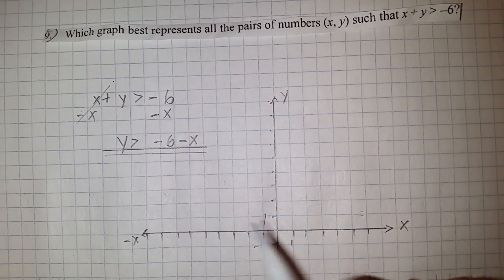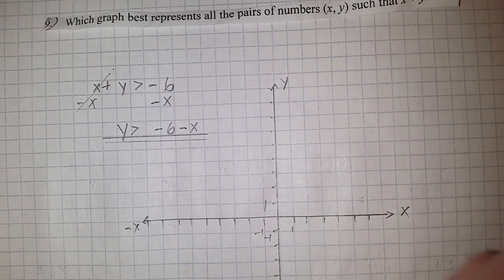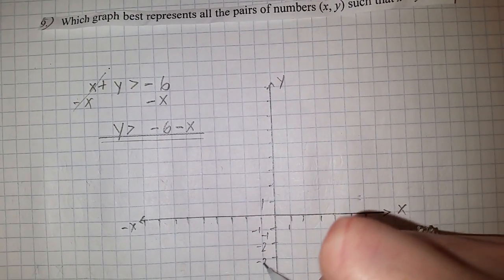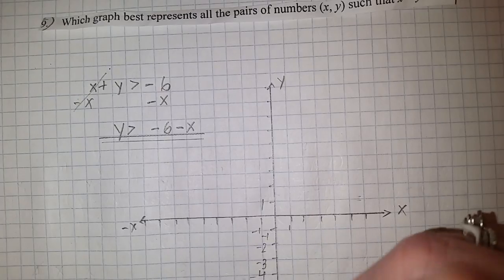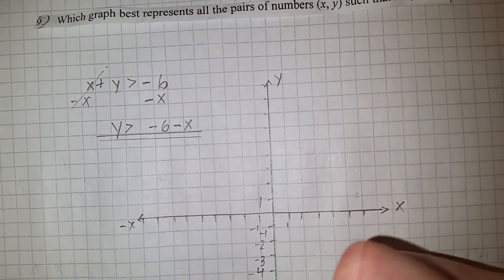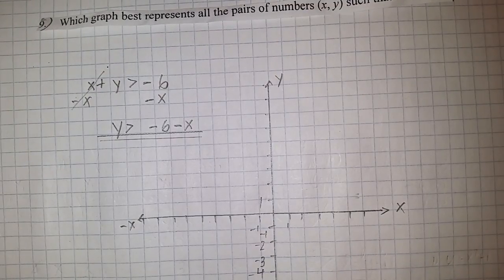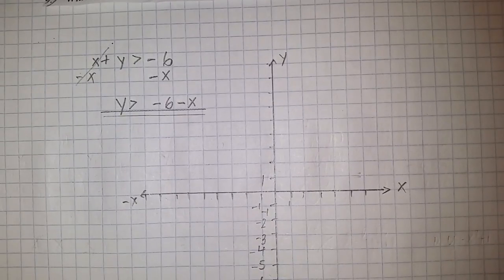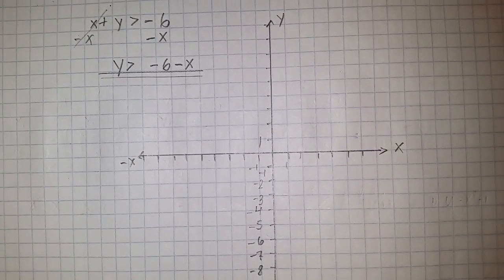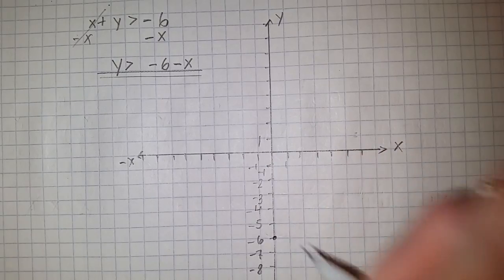If I have walked you through a previous problem in class, you might know that I usually go to the y-intercept first, which in this case is -6. The y-intercept is usually where the graph is crossing the y-axis. So let's go down to -6, and I'm going to place my first point right here.